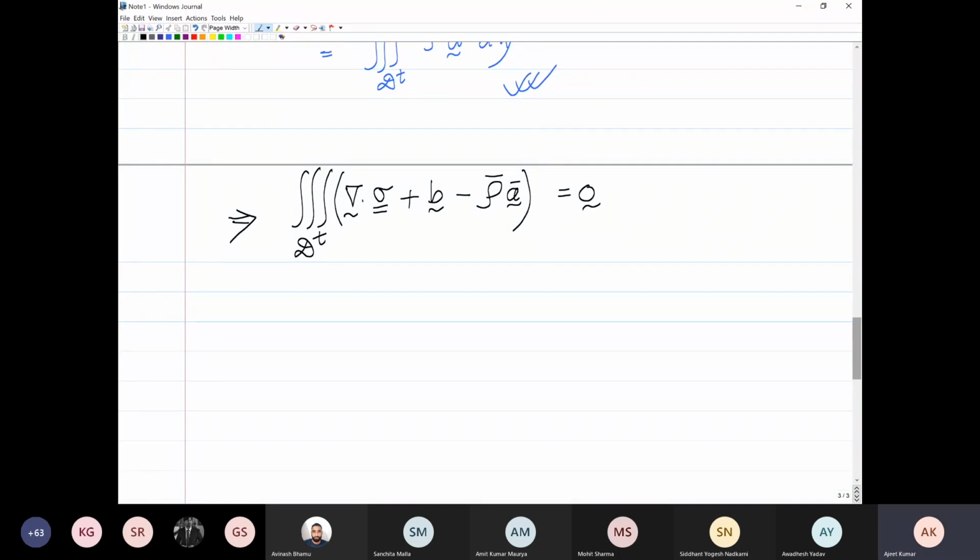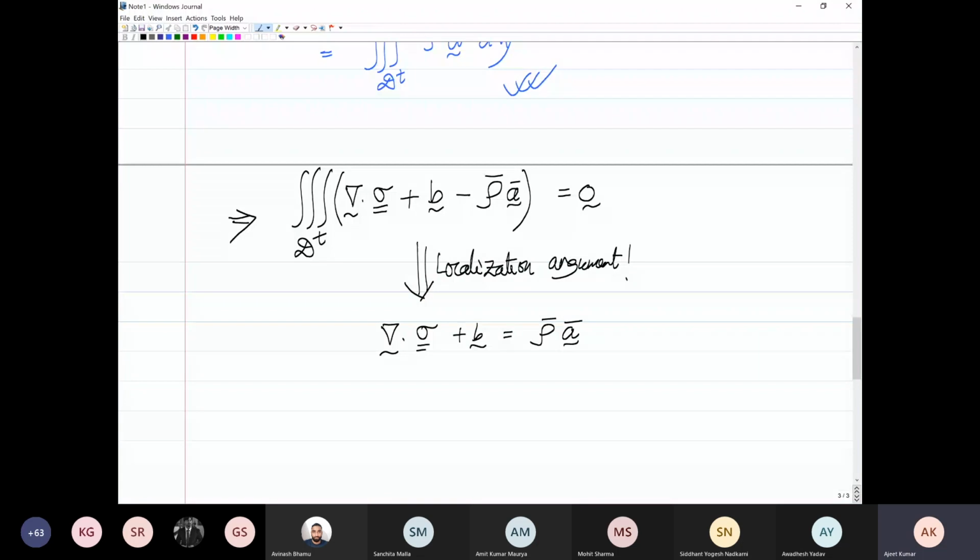And now you use the localization argument. So from here, we will use the localization argument because this holds for every dt. So we can say that divergence of sigma plus body force is equal to density times acceleration.